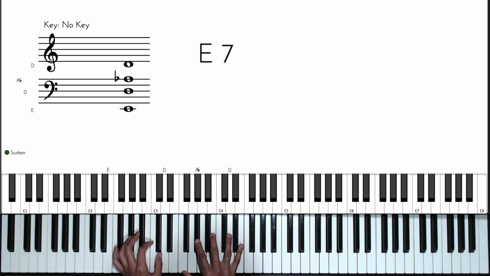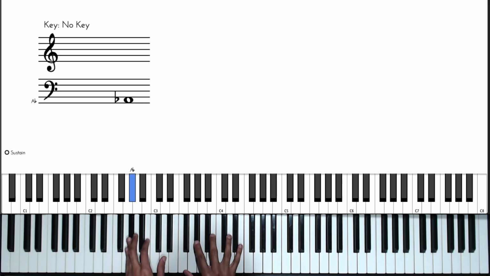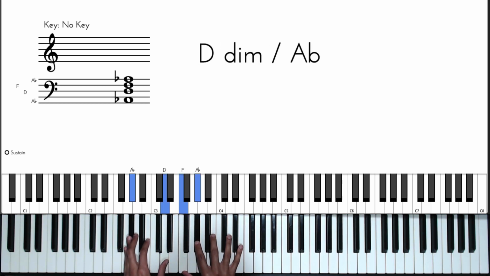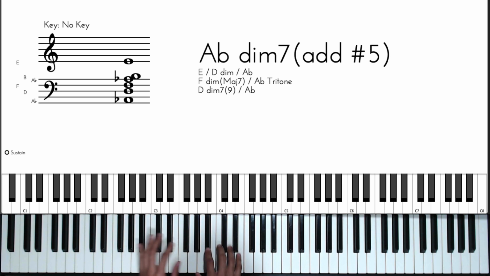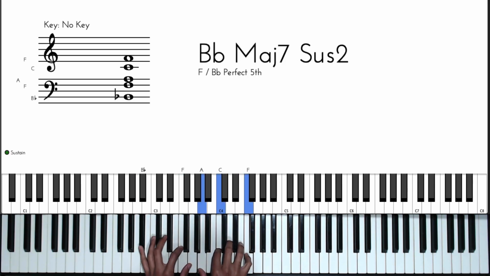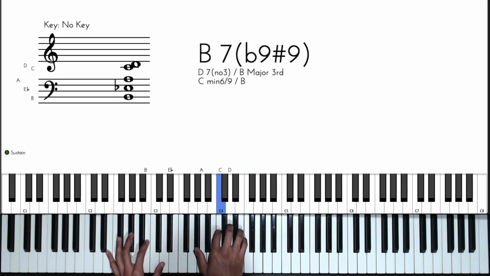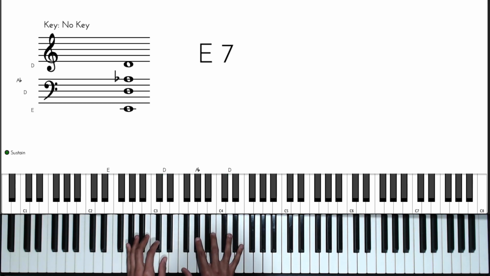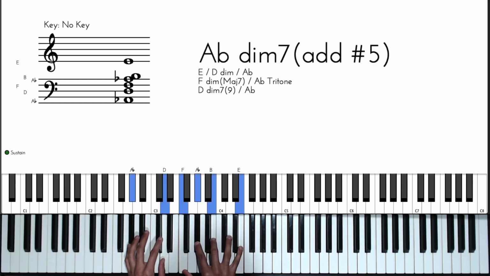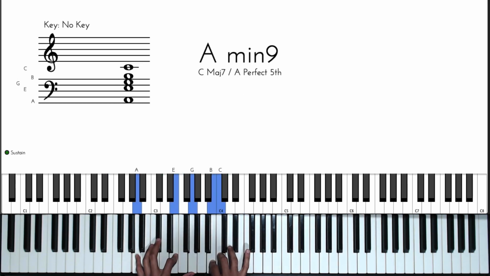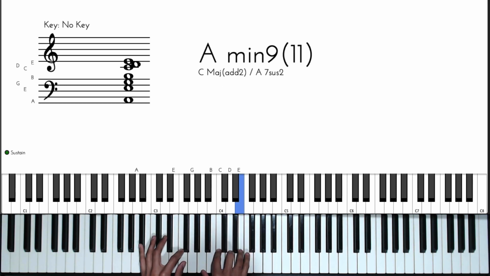Then we use a passing chord to get to A minor, right? And a very simple passing chord is just going down a half step and playing a diminished 7th chord from here, right? The melody note is still the same, and we're here on A. So that was a whole set of chords to get to that A.